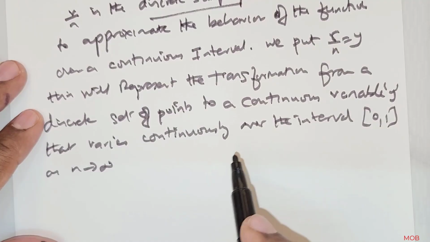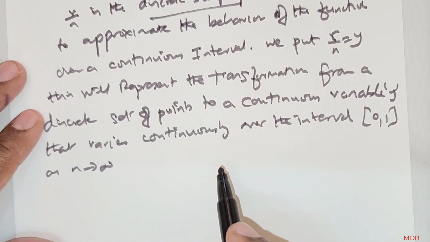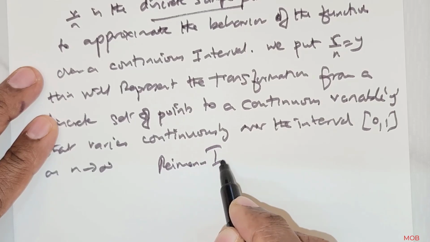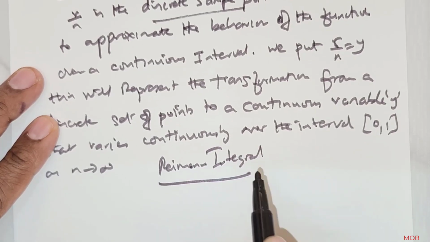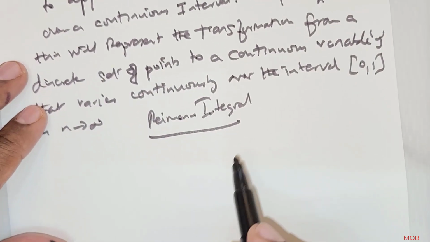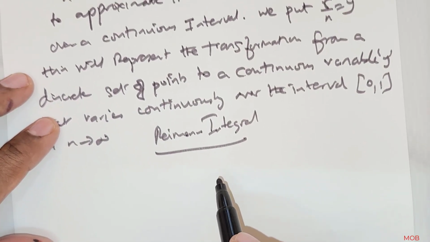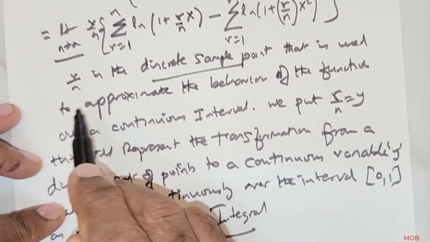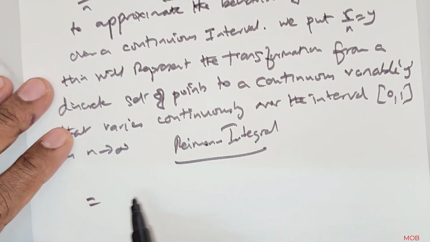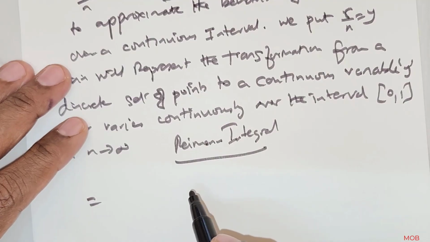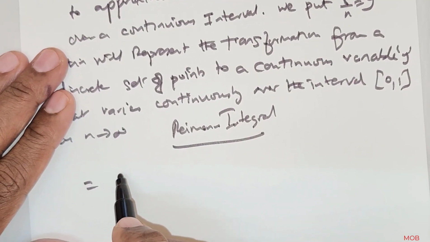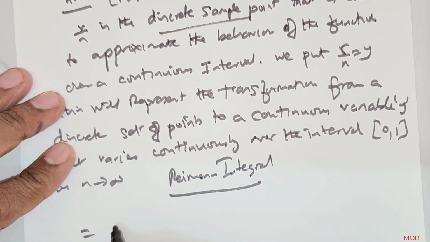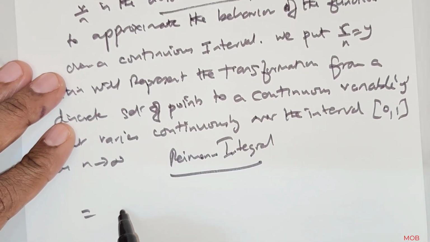Now, why am I explaining all these things? Because we will be utilizing the Riemann integral to convert the sum to the integral. Let me represent this in the Riemann integral requirement.